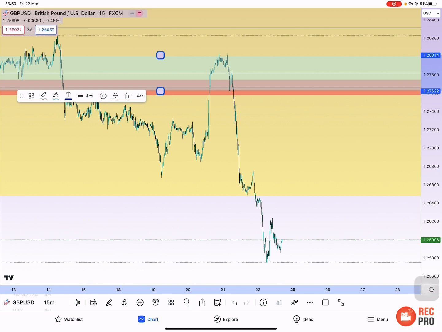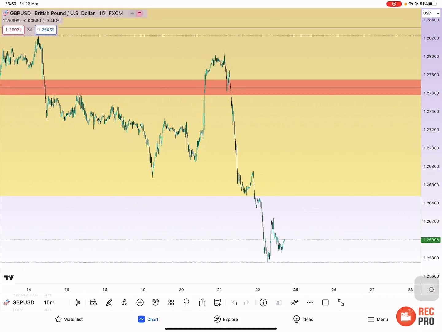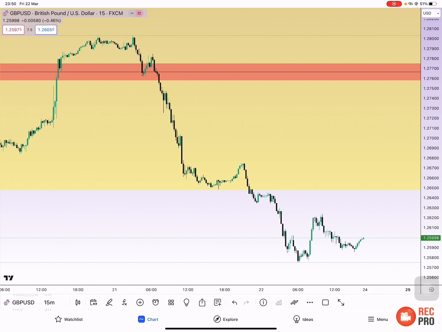So I will take it off for now, and will just show you how it reacted on the areas which we already had marked. So if you see that the markets were here at 3 a.m.